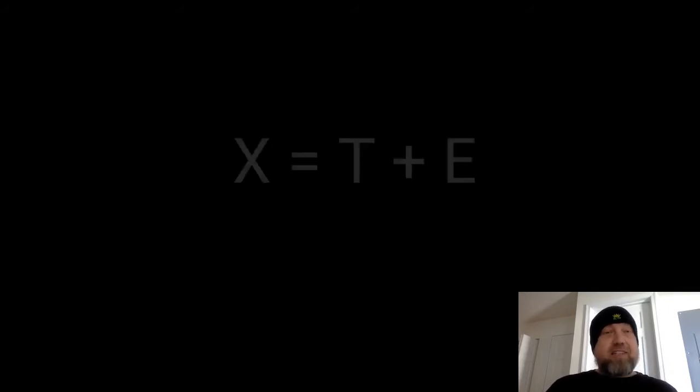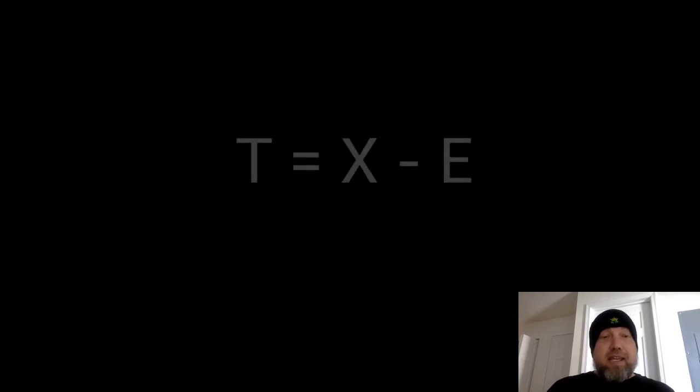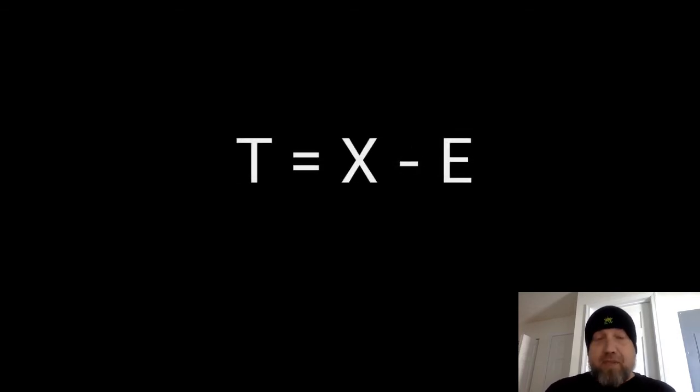So given that X equals T plus E, we can manipulate the equation to see how we can think about T and E, my true score and error. So like I said, if X is composed of a true score plus error, then we can do some basic manipulations to this equation, and we can see that T equals X minus E. So my true score is going to be composed of the score that I can see, X, after I have removed error.